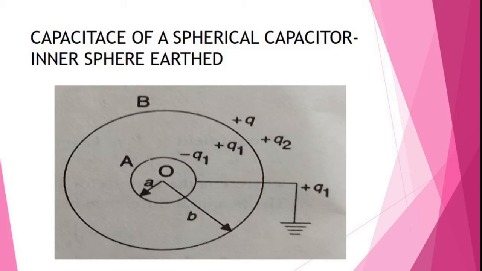Again, what happens to the inner surface of A? Due to minus q1 on the outer surface, the inner surface will have plus q1.